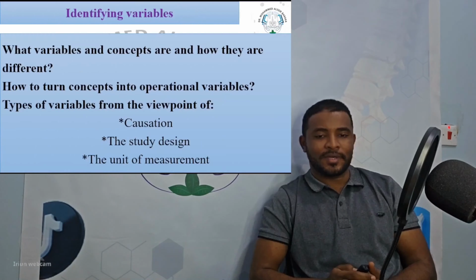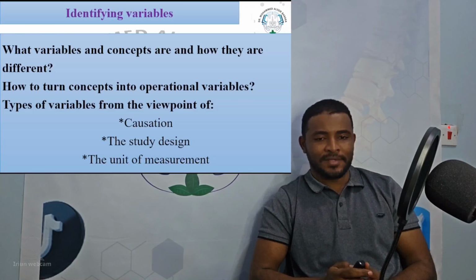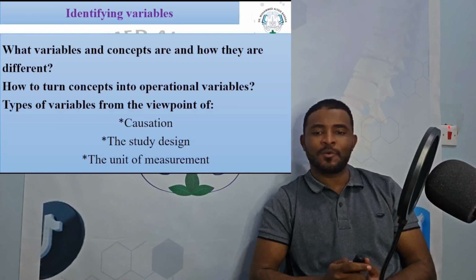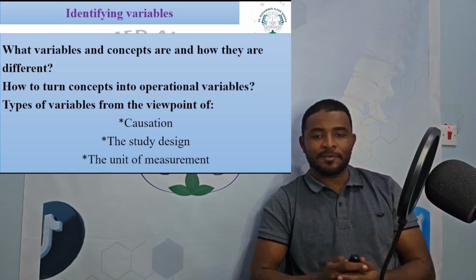In this lecture, we are going to talk about what variables and concepts are and how they are different, and how to turn concepts into operational variables. You have a research concept, but this research concept should be translated to variables. What are the types of variables?